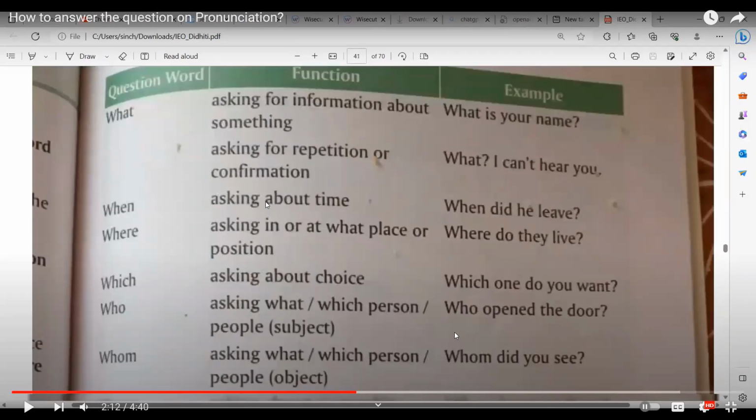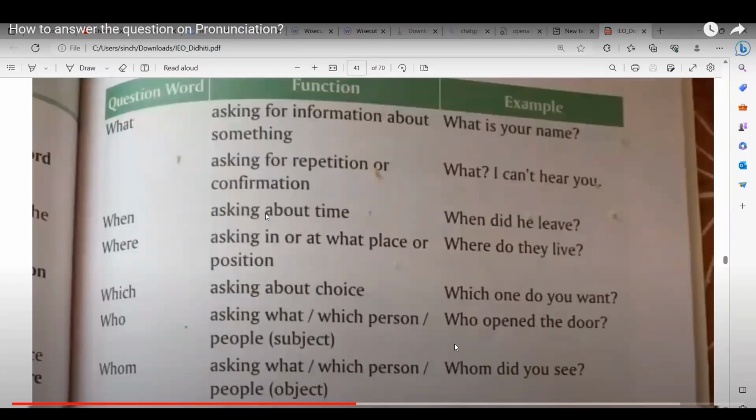Okay. Now, Amoto, give me an example with whom? Whom did you meet? Very good. Now, can you give me an example, Avishikta, with whom?